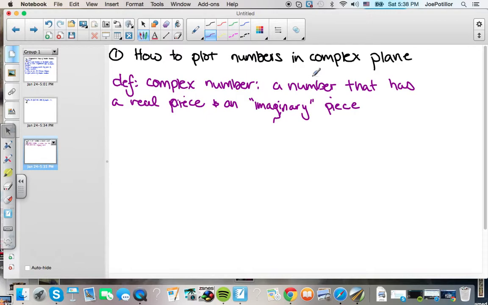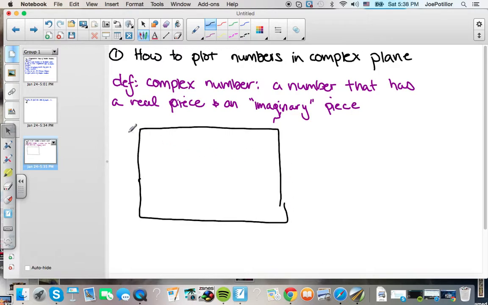So you'll recall that all number forms that exist are what we call complex numbers. All numbers that exist are complex.